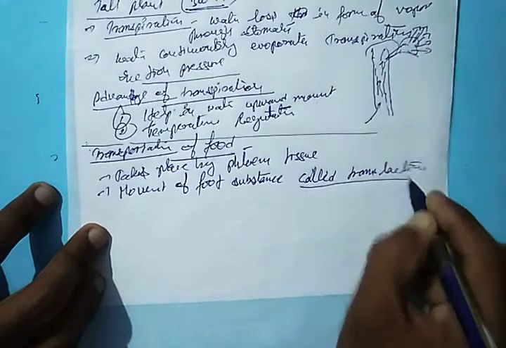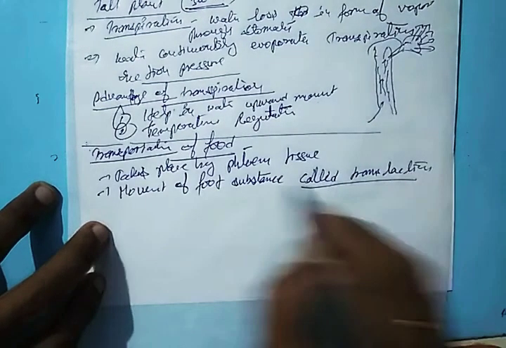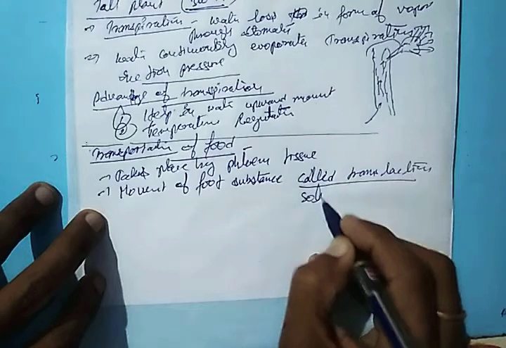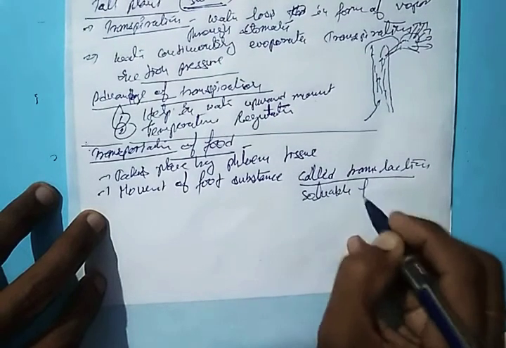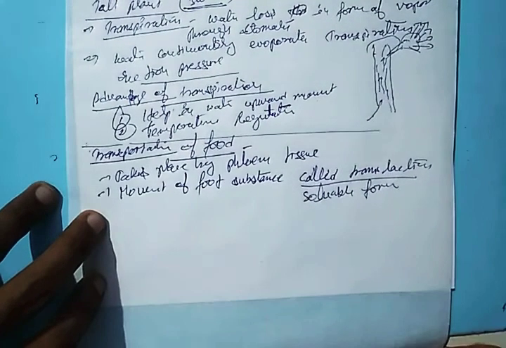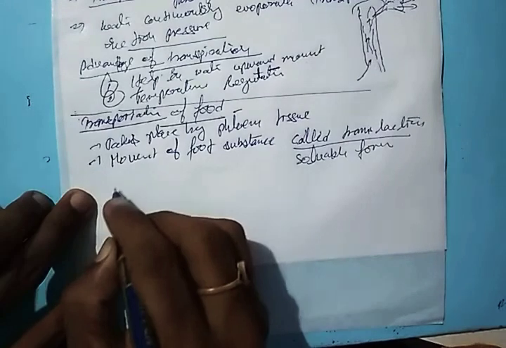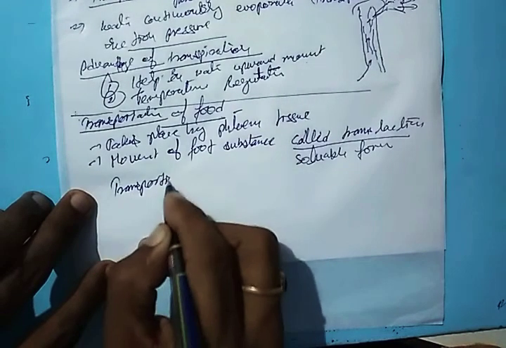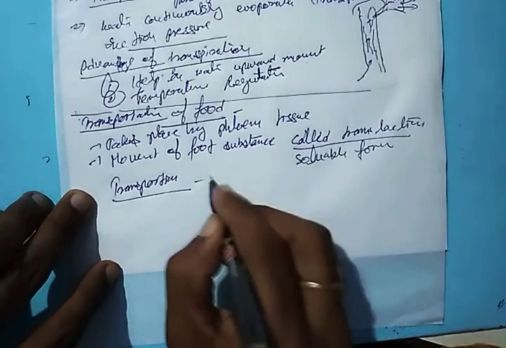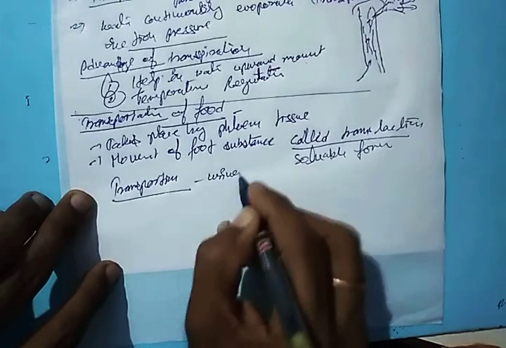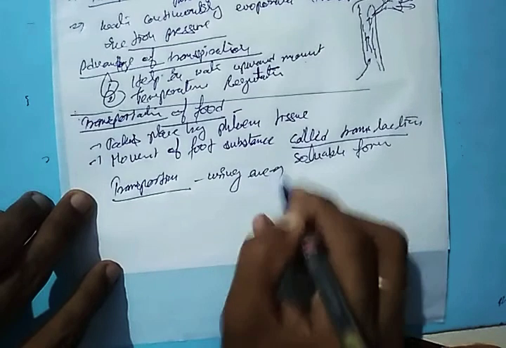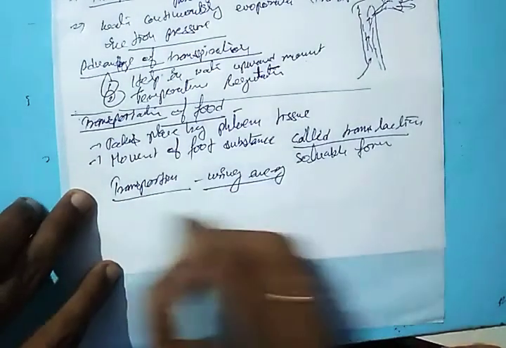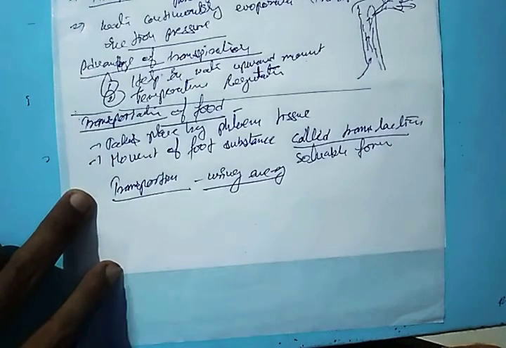This food is translocated in soluble form, water soluble form. This transportation of food uses energy, which means energy is necessary for this transportation of food.